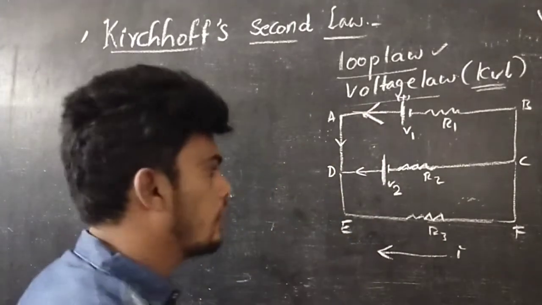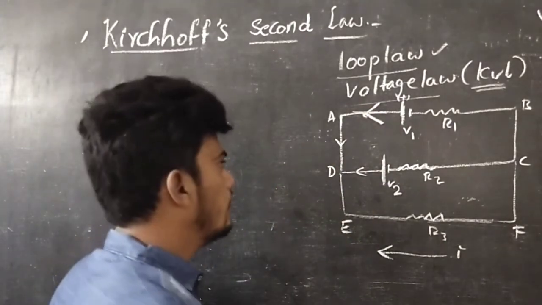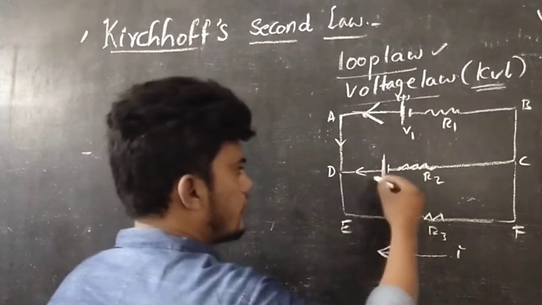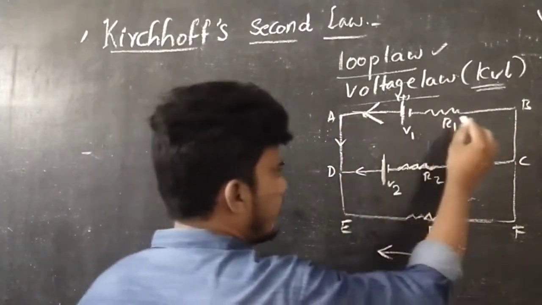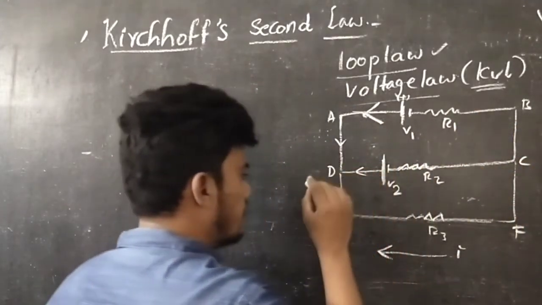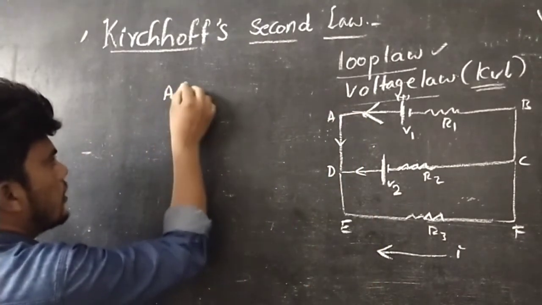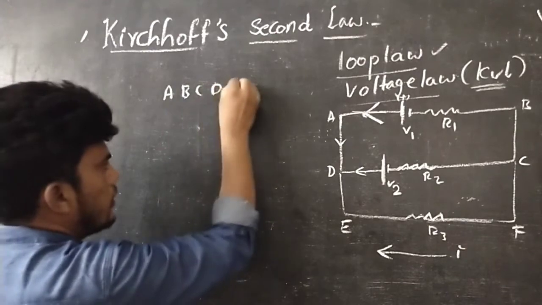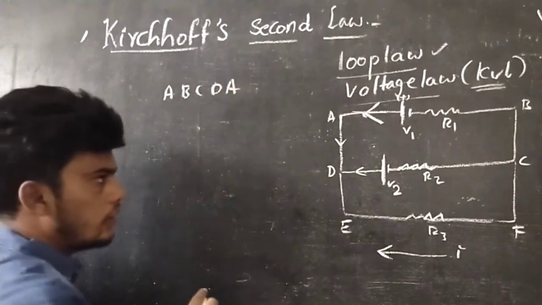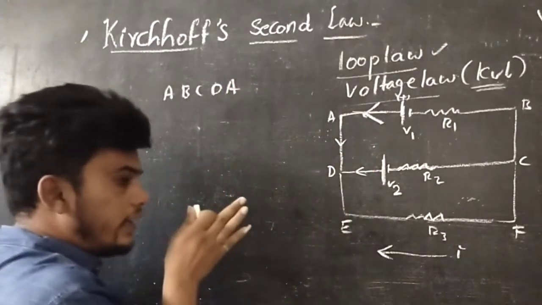Are you clear? Now look here. First I am going to take the first loop A, B, C, D, A. It is the first loop. In this first loop, what is my direction?